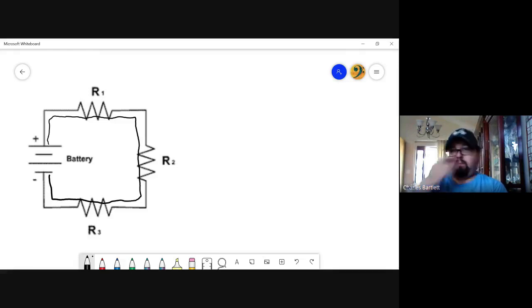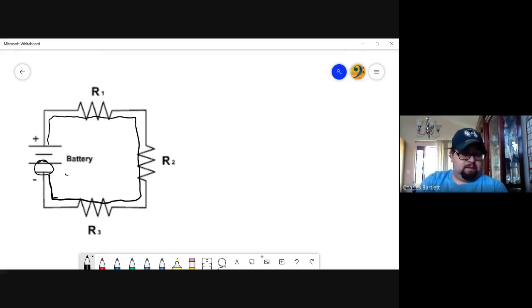But what's really happening is there's an imbalance across this battery, and electrons are stacked on one side and not on the other. They're actually stacked over on this side. That makes it the negative.